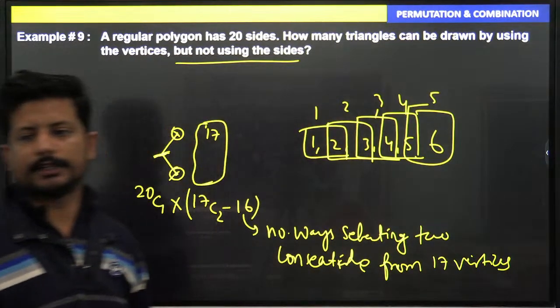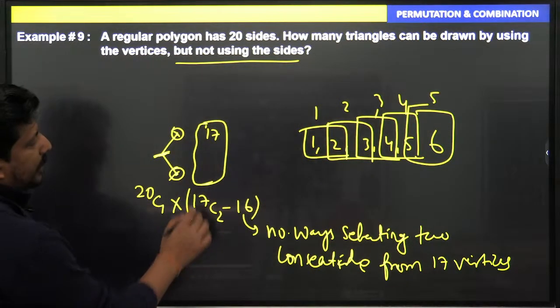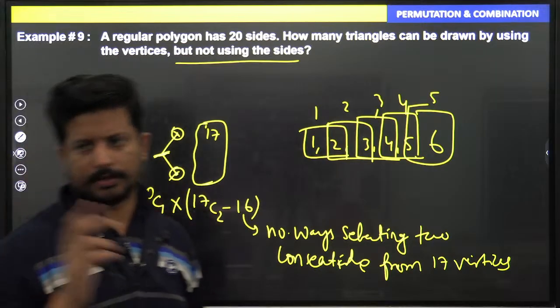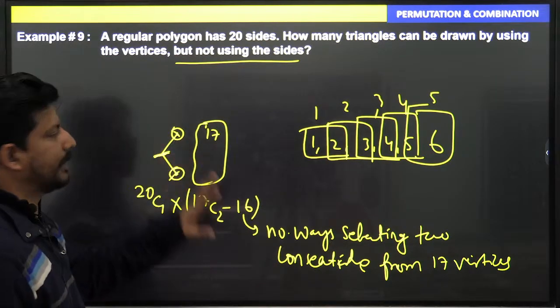Hope you are getting my points. And this 17C2 means what? Out of 17 we can select 2, because 1 is already selected and these 2 points are wrong.